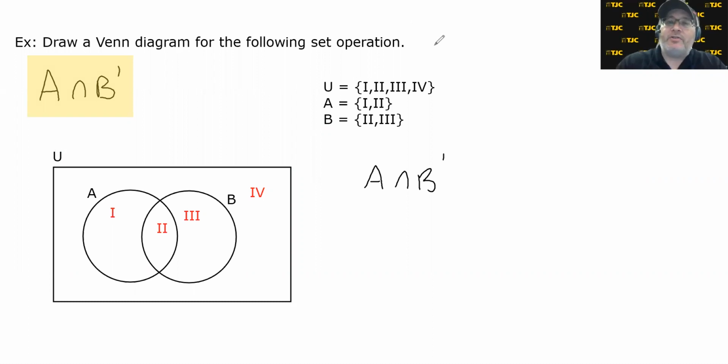So our next operation in the order of set operations is complement. So we're going to do B complement first, and then the only remaining operation after that is the intersection. So let's start with B complement. B complement is all the regions outside of circle B. Outside of circle B is regions 1 and 4.